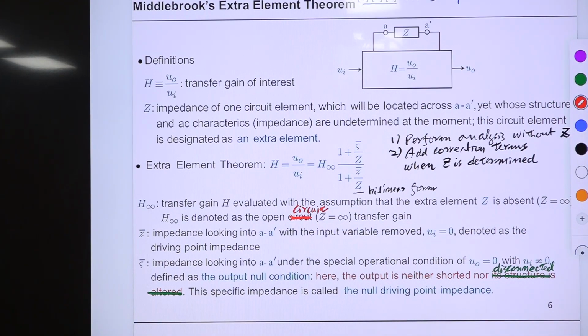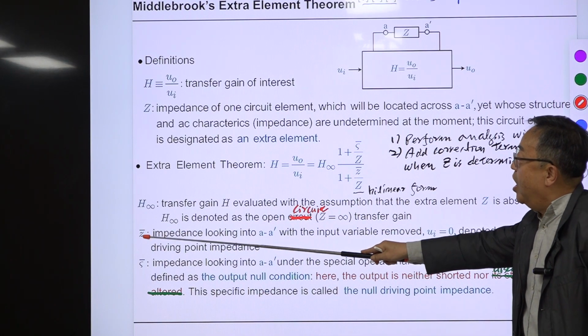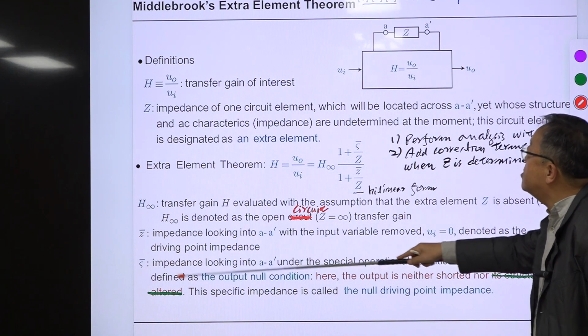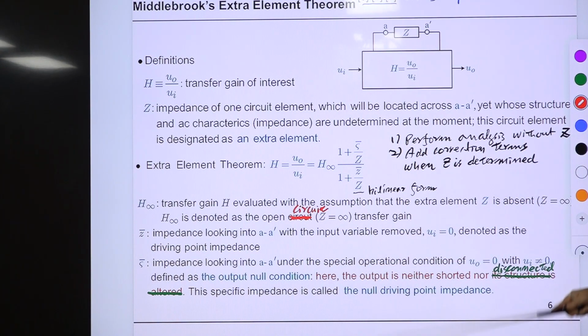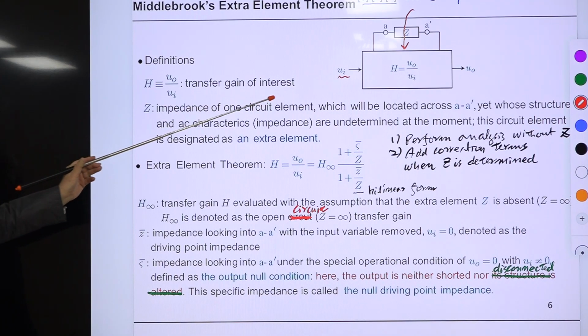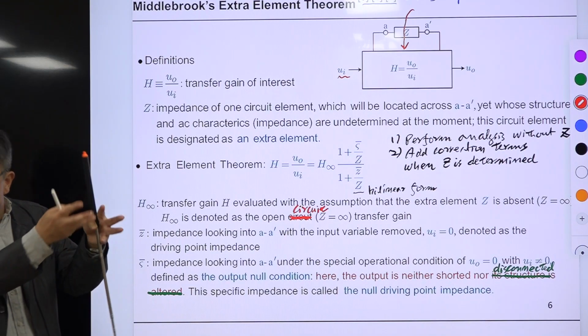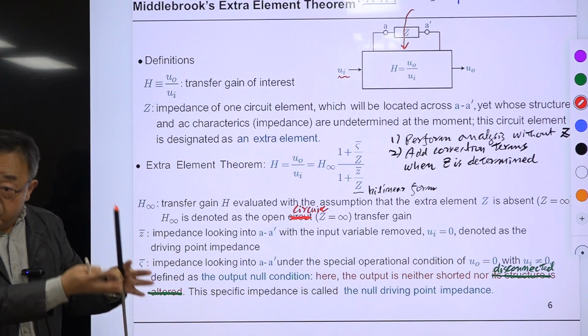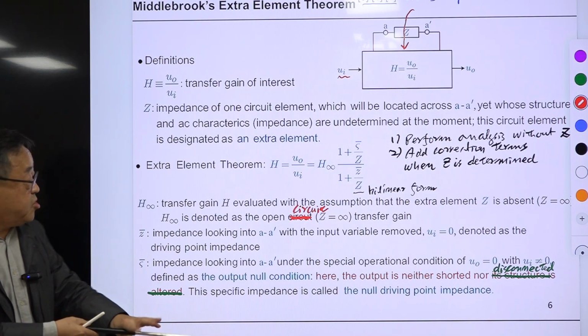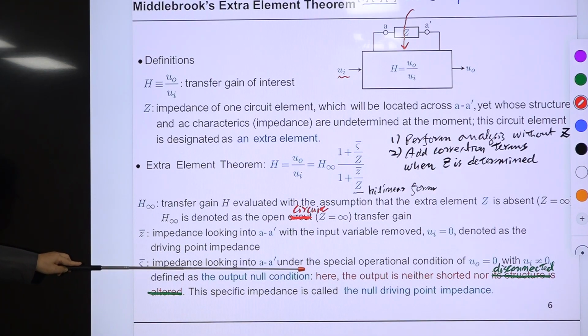And the small G bar is the impedance seen looking into this A port with this one at 0. This is a very conventional one. When you are analyzing the output impedance, you assume the input is grounded. You are using the superposition principle. So this is the one you are doing all the time.